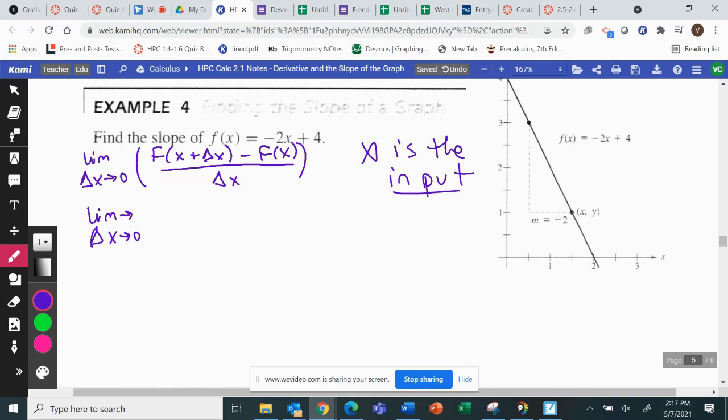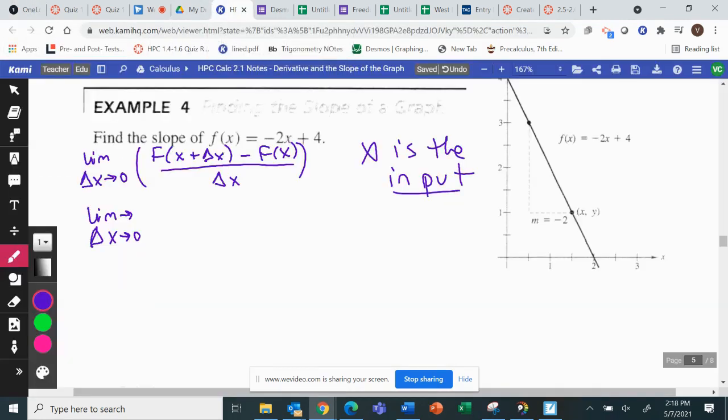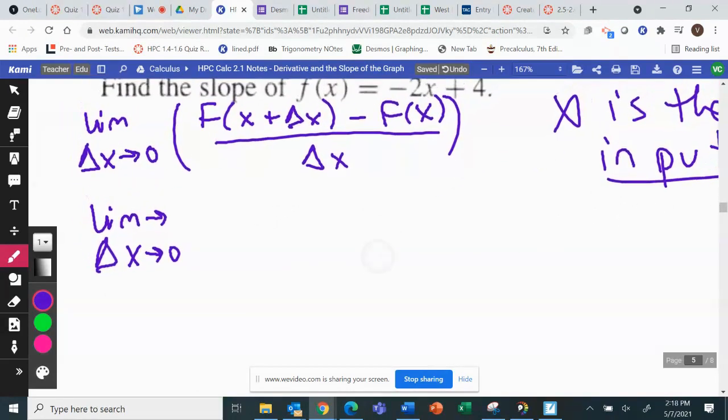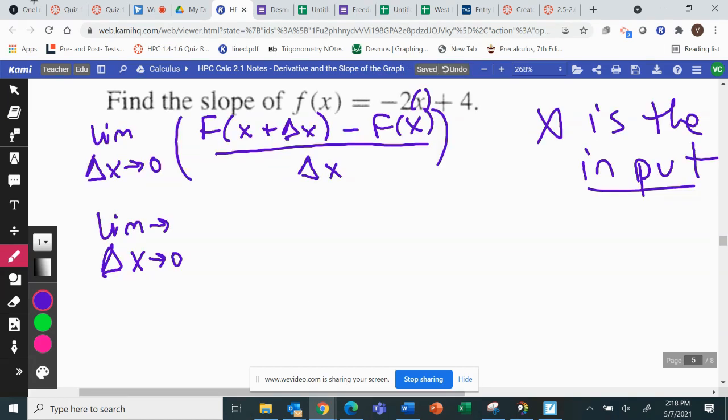On the last equation, it was -2, you had to plug in. So here I'm just plugging in x into my equation, which is -2x plus 4. So I'm going to replace x with x plus delta x. So we will have -2 times x plus delta x plus 4.